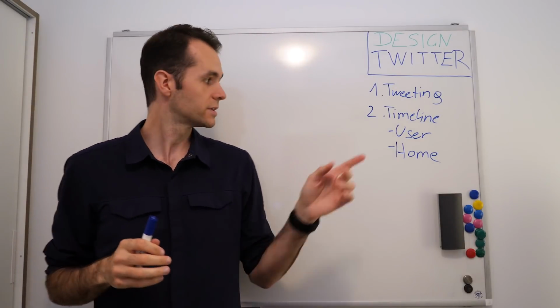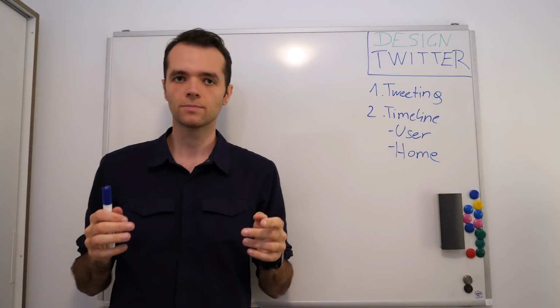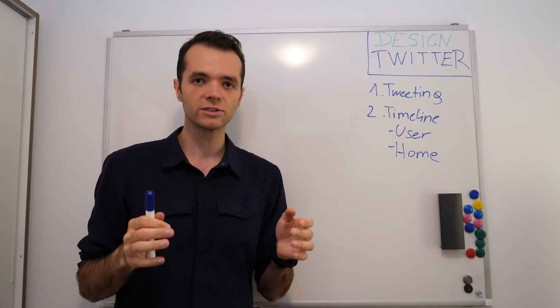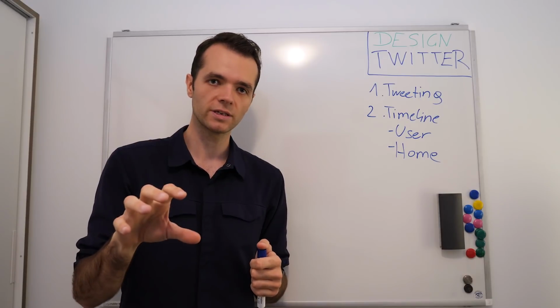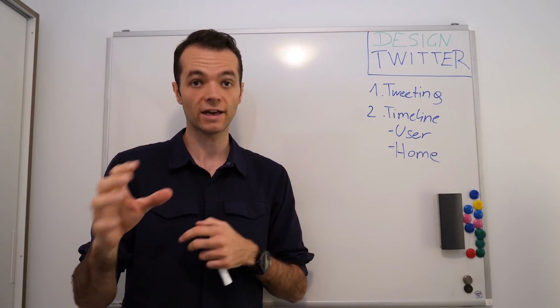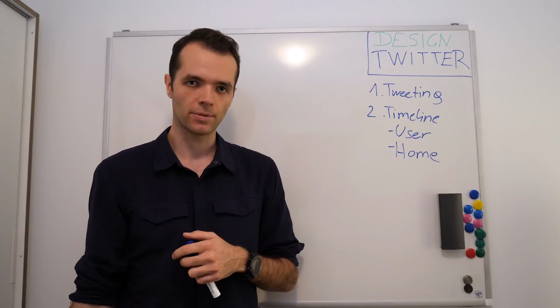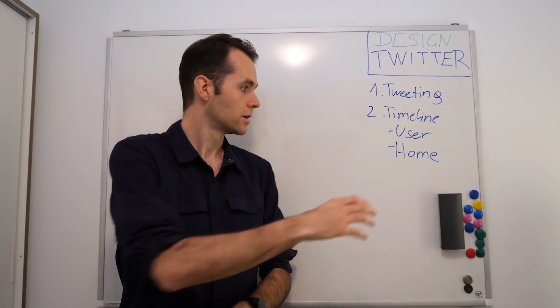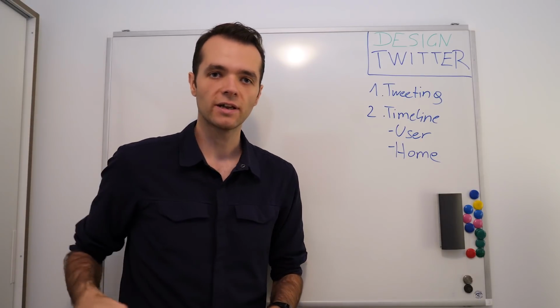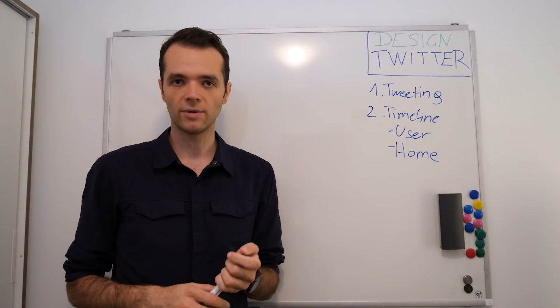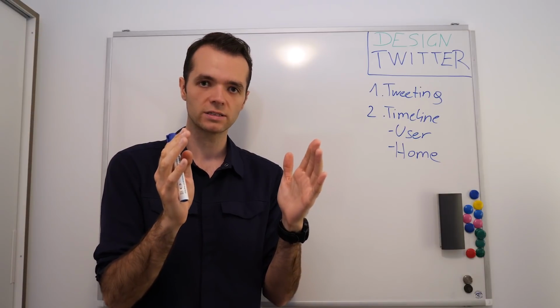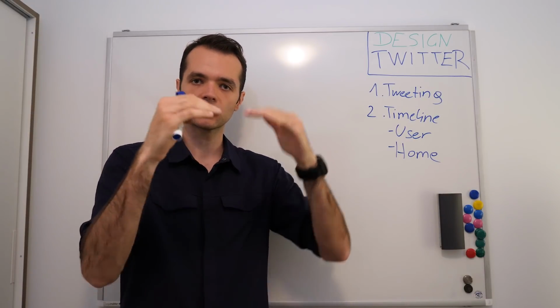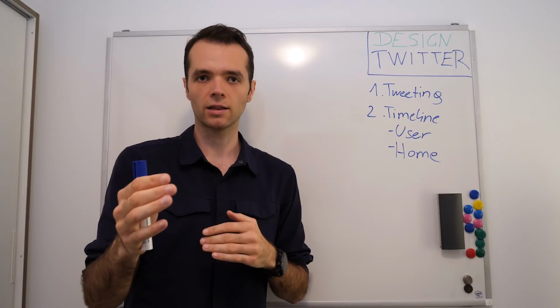Now, the user timeline is definitely the easier one to design, because all we do is take your own tweets and take your own actions, so to say, and list them up. Okay? So for this video, let's concentrate on the home timeline, where we, so to say, have all the tweets from people you follow and we merge them in chronological fashion.